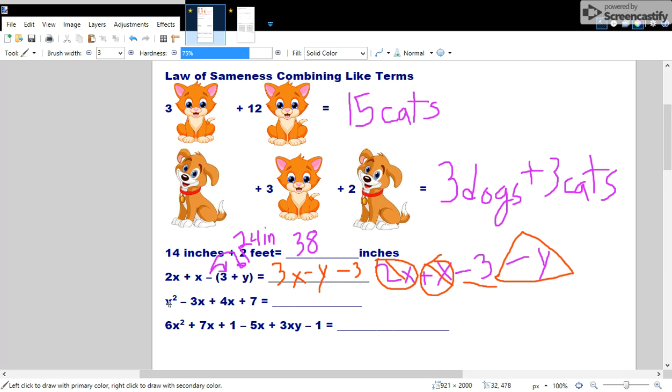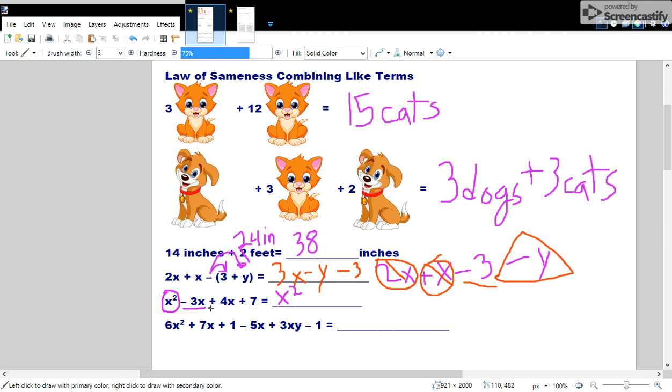Now the next one, we have x squared minus 3x plus 4x plus 7. Well, first we're going to combine like terms. X squared is not the same thing as x. And it's the only x squared we have in this expression, so we just carry that over.